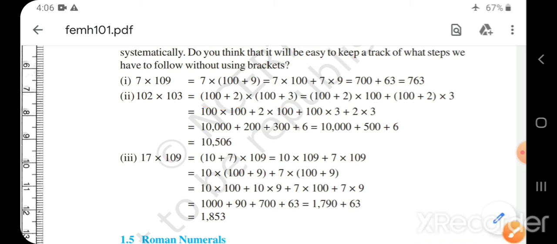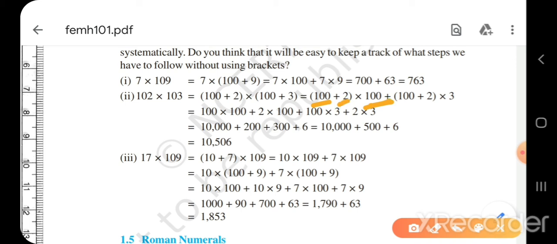Now 100 into 100, then plus 2 into 100. Then in the second bracket, 100 into 3 plus 2 into 3.